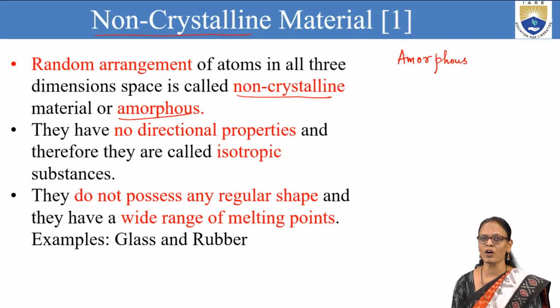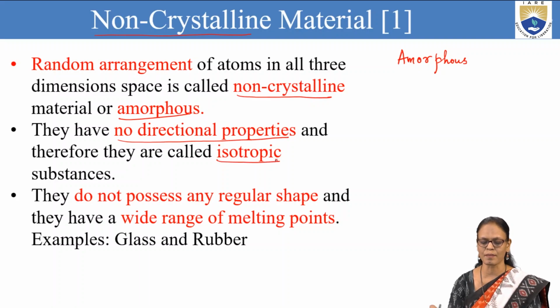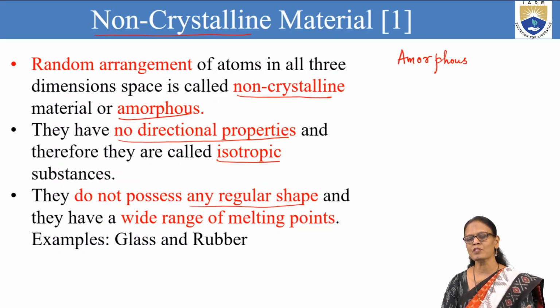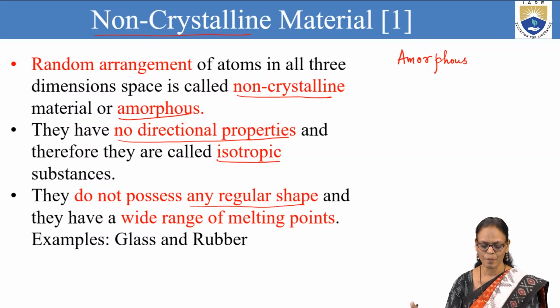These amorphous solids do not have directional properties. Therefore, we call them isotropic substances. Also, they do not possess any regular shape and they have a wide range of melting points. When it comes to melting points, we see a particular substance melting when it is heated to a certain temperature. But amorphous solids do not have a definite melting point. The best examples of amorphous solids are glass and rubber.